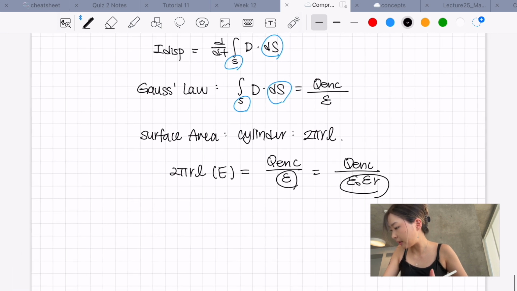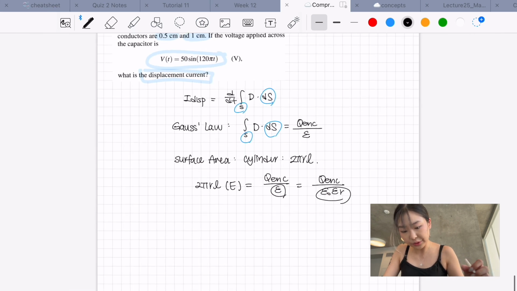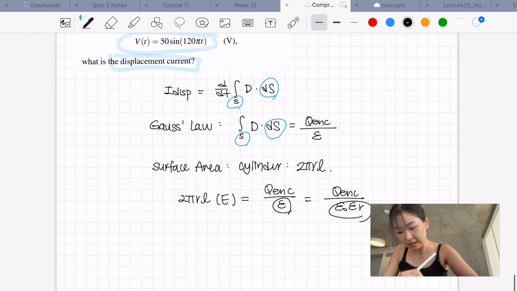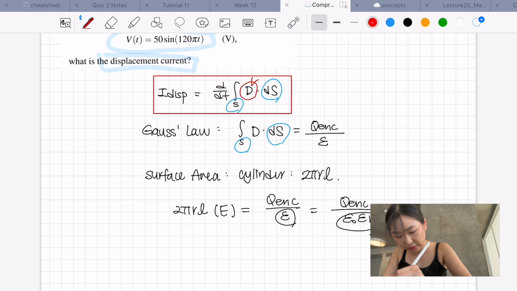And we have that established. We need to find E in this equation, because we're essentially trying to solve this equation where D dot dS, D is equal to epsilon E. So we need to find E in order to find the I displacement.